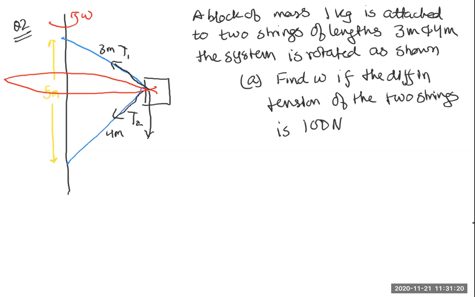I hope everybody has made this. Now what do you do? Where is the radial axis? Can I draw it or not? Yes or no? Can I draw the radial axis or not? Can I draw the tangential axis? Very good, yes.